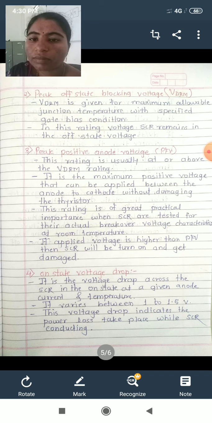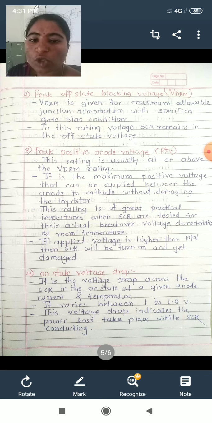Now, third voltage rating is peak positive anode voltage and it is denoted by PFV. This rating is usually at or above the VDRM, that is, at or above the peak off-state blocking voltage. It is the maximum positive voltage that can be applied between the anode and cathode without damaging the thyristor or the SCR.